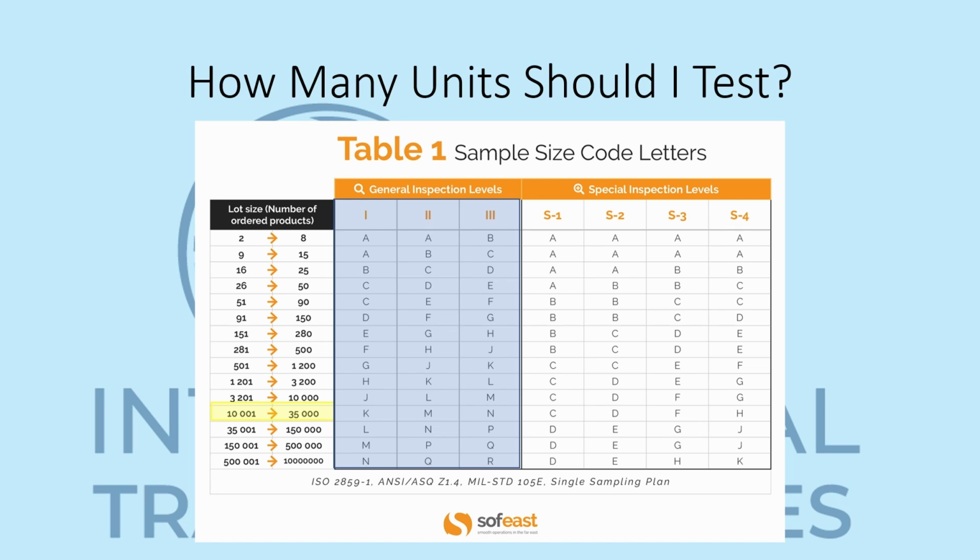And these will be for basic tests like the look, does it turn on and off, does it function? These are for simpler tests that you can do on a lot of units very quickly.